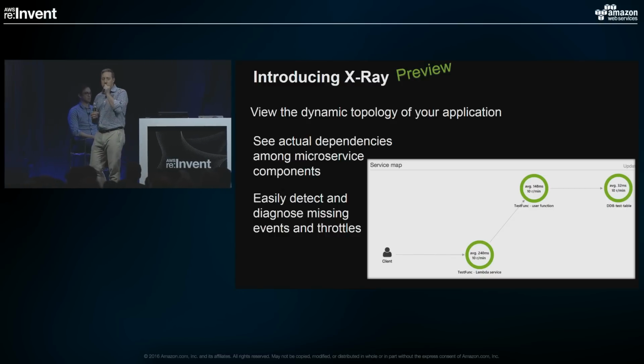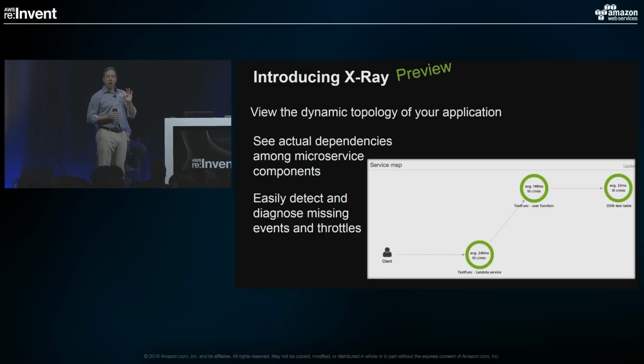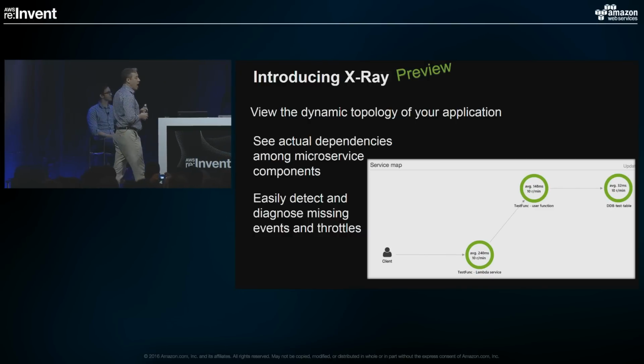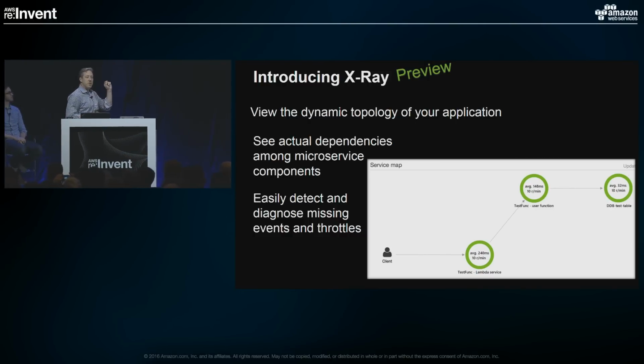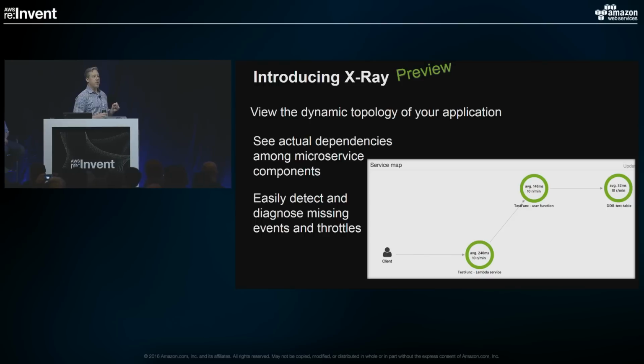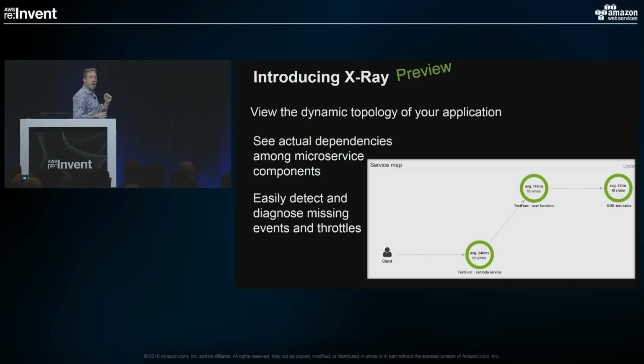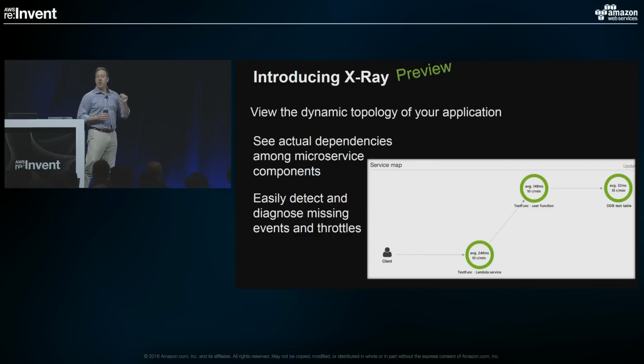Now, one of the things you'll be able to do when we get there is draw a graphical representation of your service topology. And this is really exciting because each of these circles represents a piece of your application, and then the lines between them indicate the dependencies, indicate the event flow between the different parts. That can be one event, or one Lambda function calling another Lambda function.